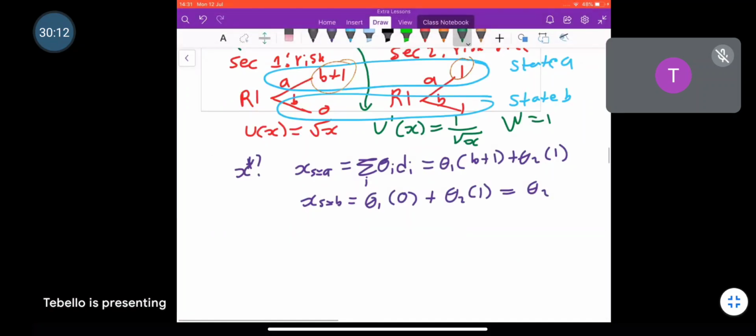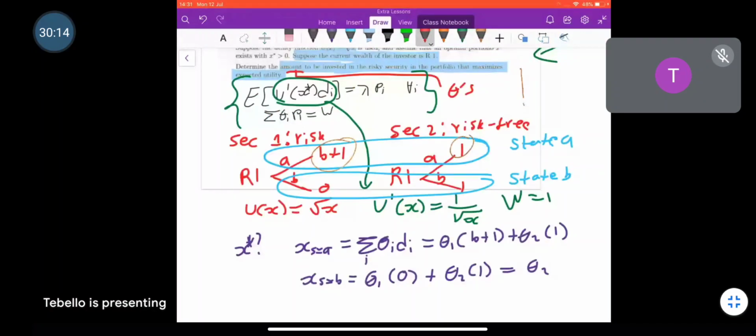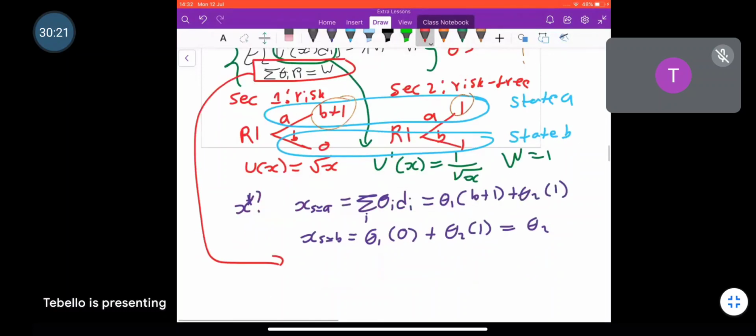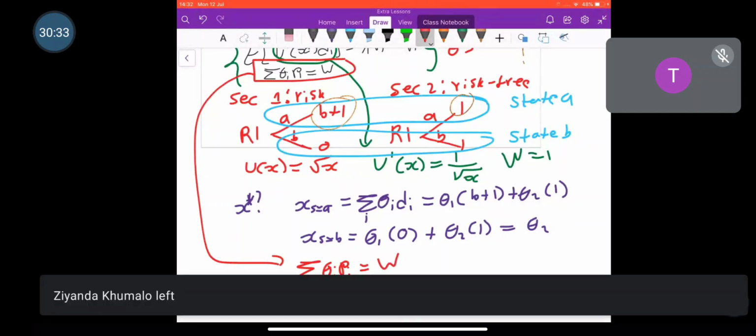So I'm going to start with this one. We say that the sum of the amount of securities times the prices is equal to your wealth.